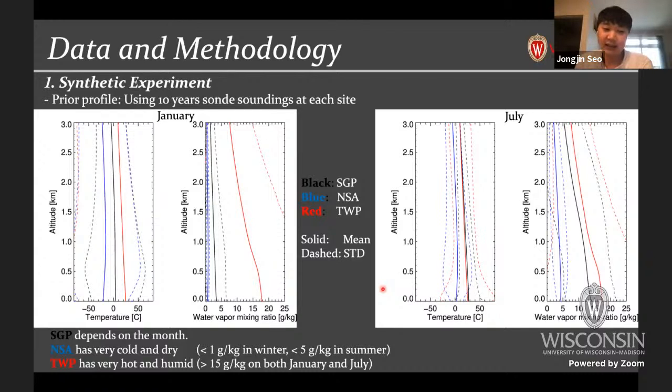And the NSA site has very cold and dry conditions in both January and July. The mean water vapor mixing ratio near the surface is less than 1 gram per kilogram in winter and less than 5 grams per kilogram in summer. And the TWP site has very hot and humid conditions, so the water vapor mixing ratio is larger than 15 grams per kilogram in both January and July.